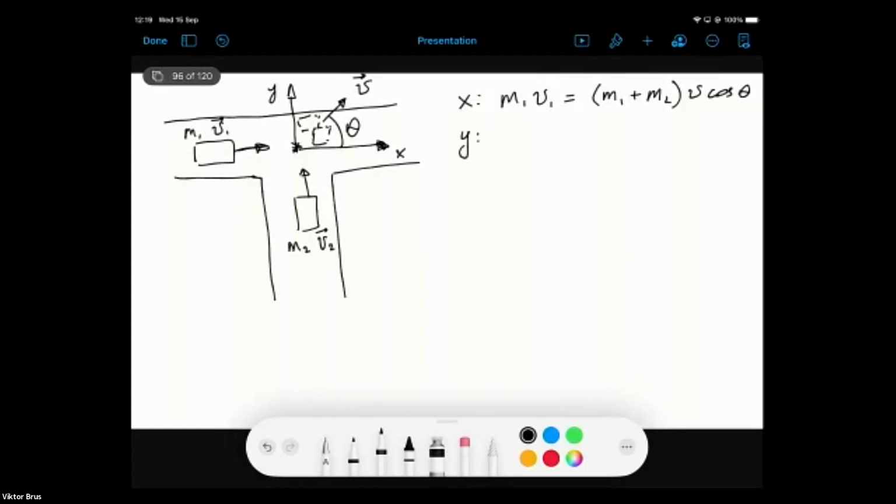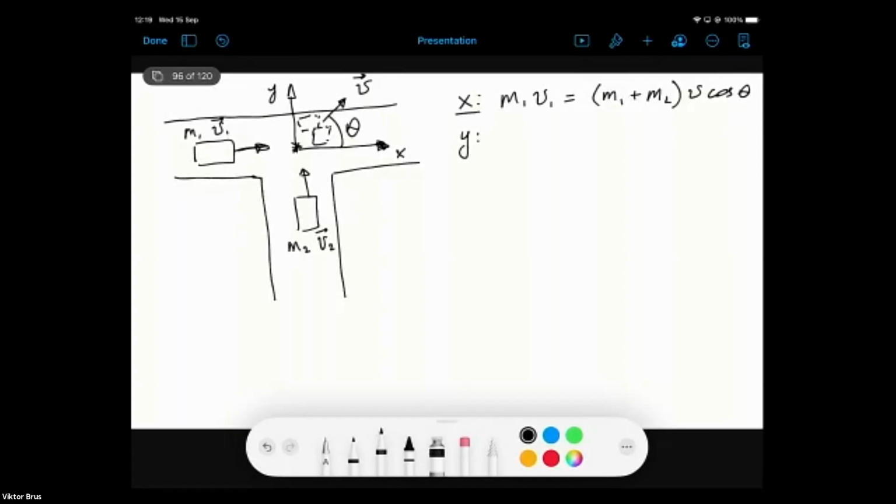Now, any ideas how it looks for axis y? Can I ask, please? Yeah, sure. If I'm not mistaken, in the book, there is no cosine theta in the x-axis. Your question is why the cosine theta? Because we are talking about the projection of our final linear momentum vector on axis x.